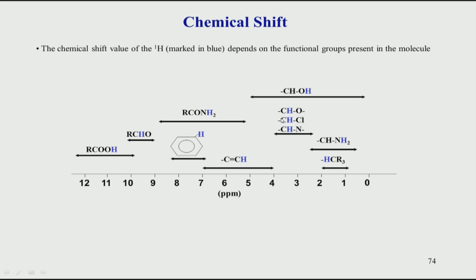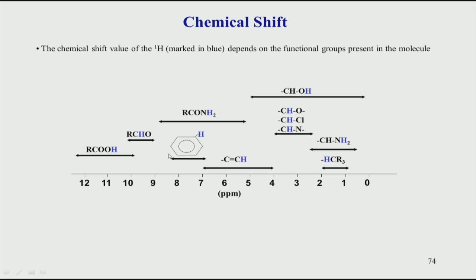So, you can see that these aromatic functional groups, the hydrogen atom which is attached to an aromatic ring, or amide protons, that means hydrogens attached to CO and NH2, and these kind of functional groups come very much downfield shifted, higher ppm value, and this carboxylate group is very typical, it comes at a very high chemical shift value.